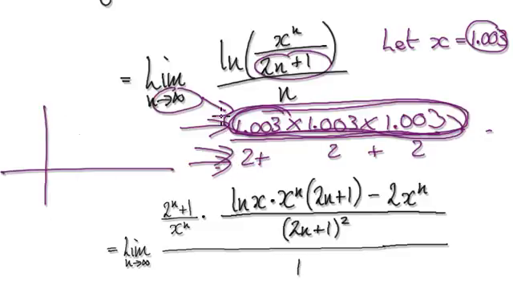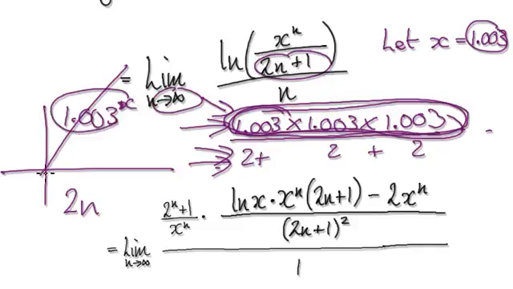If you don't believe me, get a graph plot and plot 1.003 to the power of x, and then get a graph plot and plot 2x. 2x will look like this. It climbs, but really, really slowly.